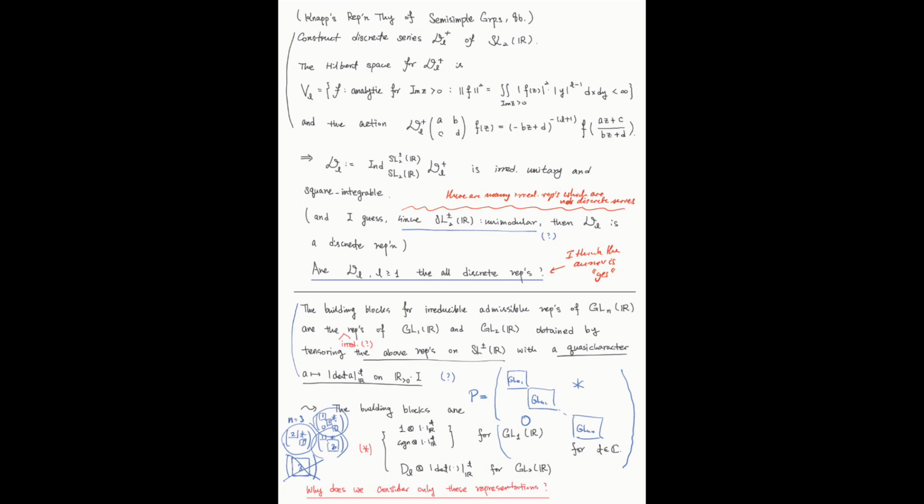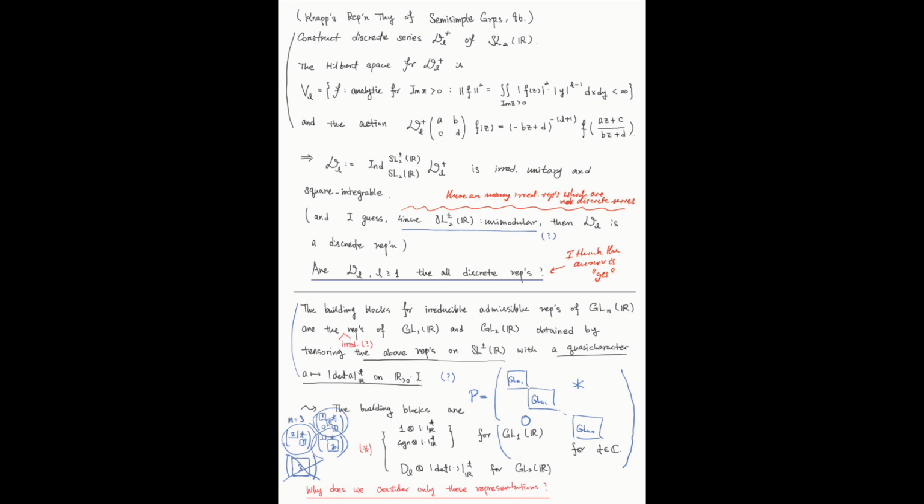So we can define D_l as the induced representation of D_l plus, and Knapp says this is also irreducible, unitary and square integrable. And I guess SL2 plus minus (R) is unimodular. I don't know exactly. So I think by the remark before, D_l is a discrete representation also.